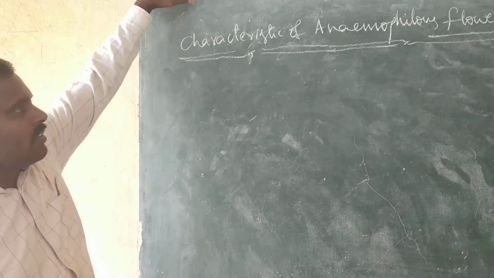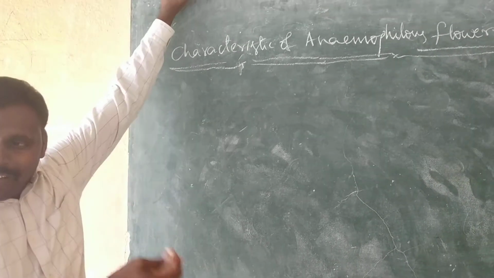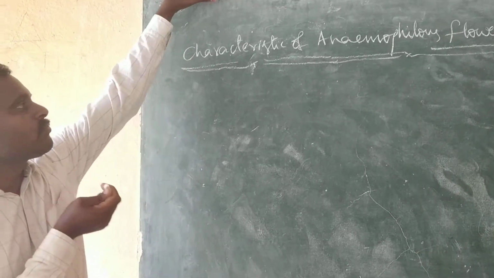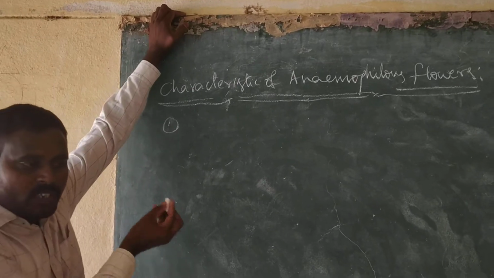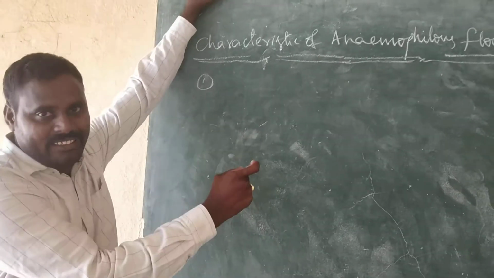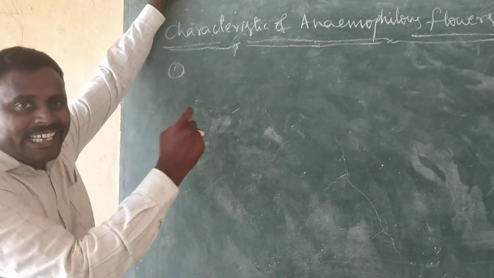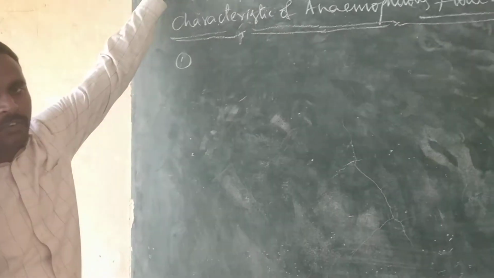The flowers are small and inconspicuous and they are generally packed in inflorescence. So the first character: the flowers are small, that means their size is very less. Flowers are small and inconspicuous and they are generally packed in inflorescence.